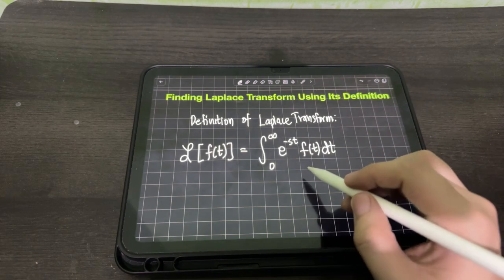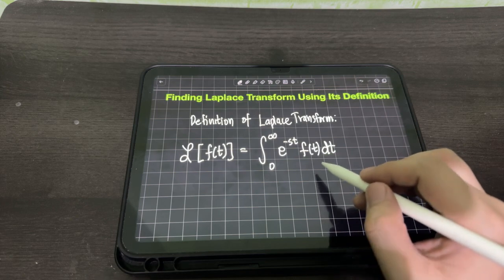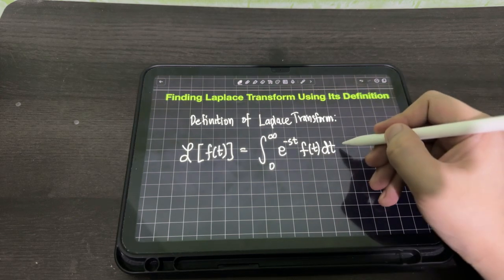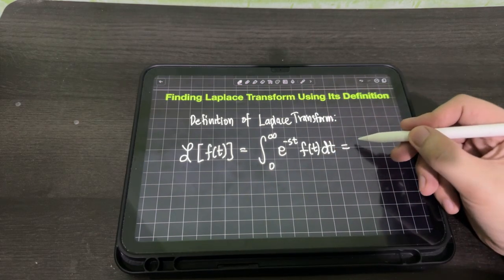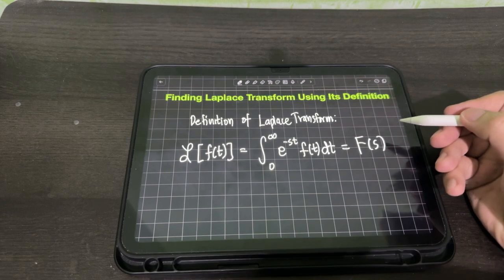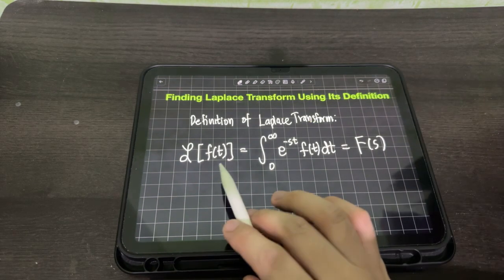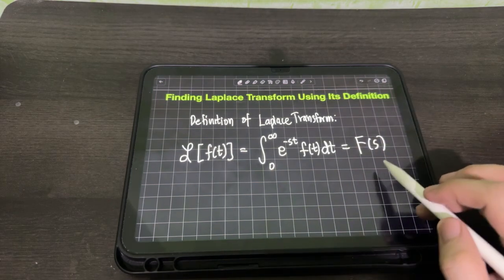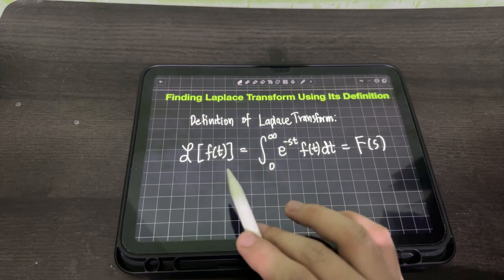So we will derive all the standard formulas for Laplace transform using this formula. When we get the Laplace transform of this f of t, it will become a function of s, let's say capital F of s. So you convert the function of t into a function of s when you get the Laplace transform of f of t.